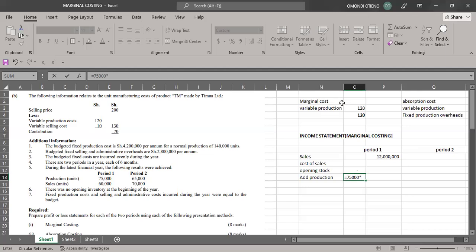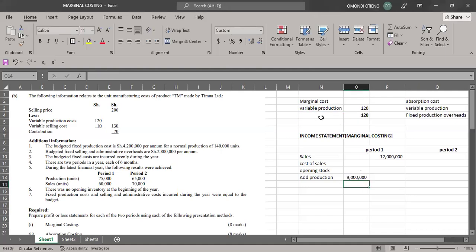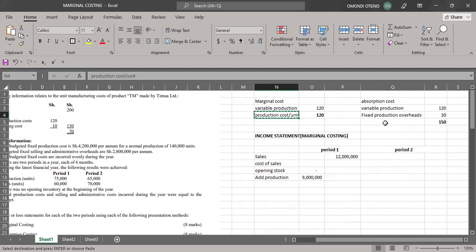Under marginal costing system, what did we get as the production cost per unit? Of course, we have it up here. Production cost per unit is equal to 120. And of course, under absorption, that is the production cost per unit.